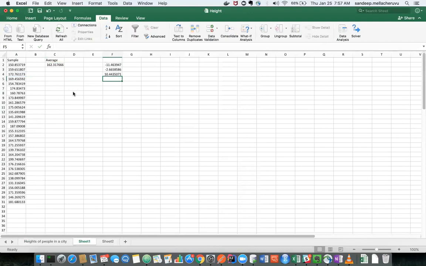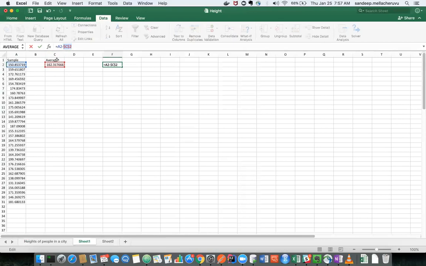Since it is very difficult for me to do all 30, in Excel there is a small shortcut. Because I always have to use this same x bar, I have to use it as a constant. I can keep a dollar here, $C$2, instead of C2, which is just this cell.